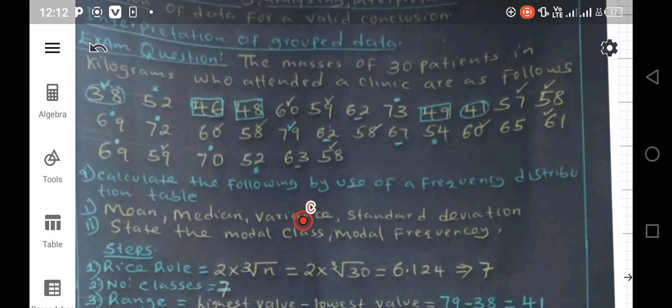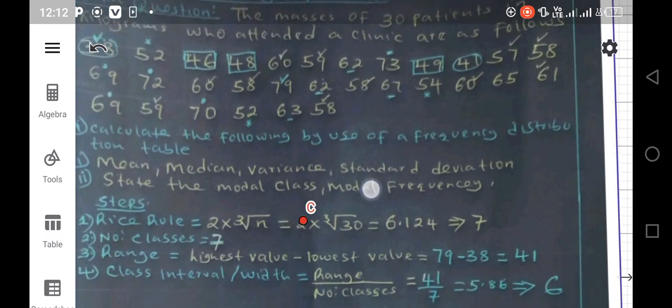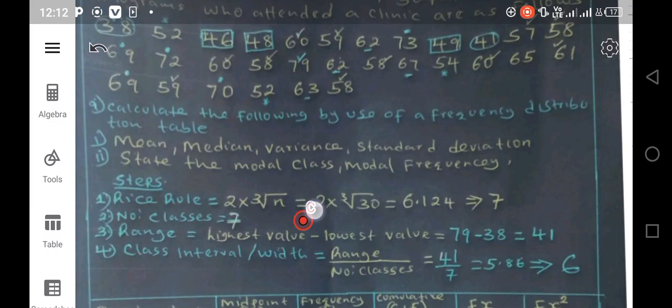Now when it comes to exams, for example, in KCSE or grade 9, grade 10, those questions can appear there. So I'm going to have statistics 1 and statistics 2 concepts here.